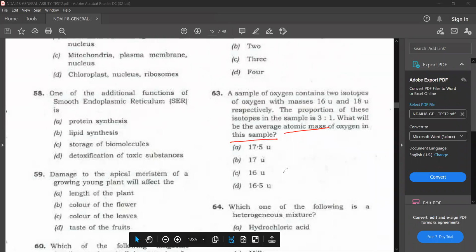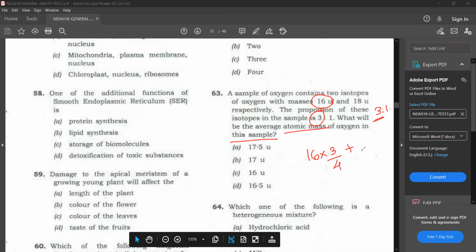It is very easy, just like we find averages in mathematics. The first isotope has mass 16 and is present as 3 parts, 3:1, isn't it? So 3 divided by totally how many parts? 3 plus 1, 4 parts.